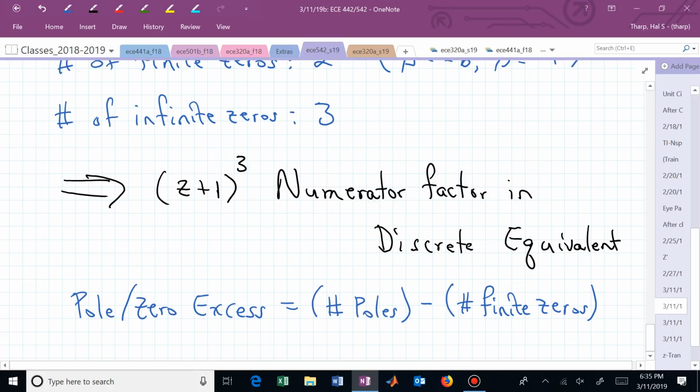How many of these z plus 1 factors would I have introduced in my numerator? If I want my pole-zero excess in the discrete equivalent to be 1 in my H(z), how many z plus 1 factors do I want in the numerator of that H(z)?